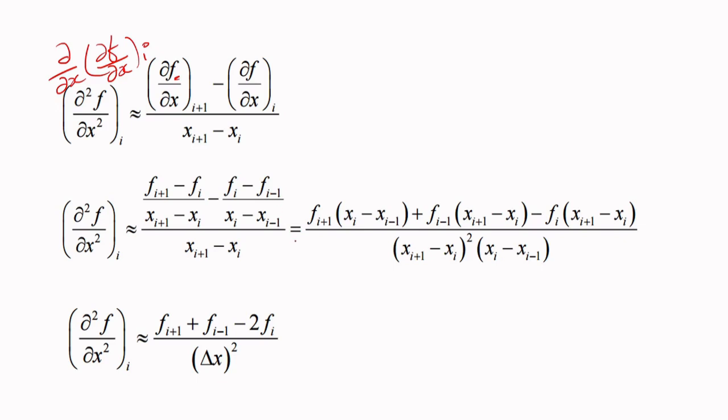So it becomes dou f by dou x at I plus 1 minus dou f by dou x at I.